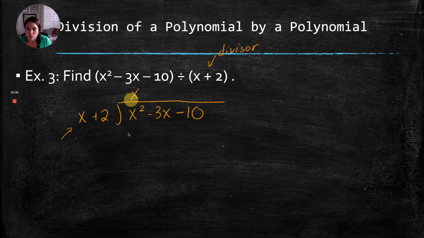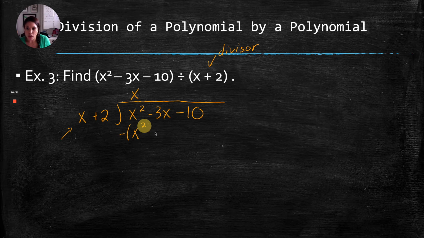So what I'm going to do, just like in regular long division, I'm going to subtract. But since I'm working with polynomials, I'm going to put my answers in parentheses so that I remember I need to subtract everything in parentheses. So x times x is x squared. Now I focus on the rest of this binomial, and I'm going to multiply it by the x.